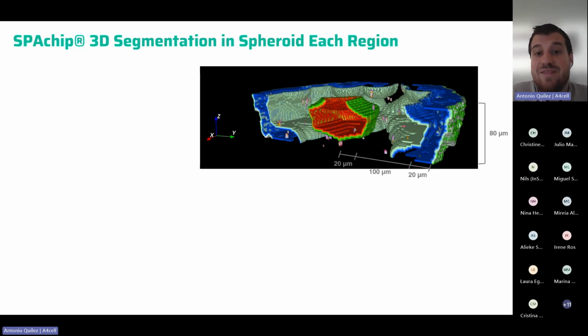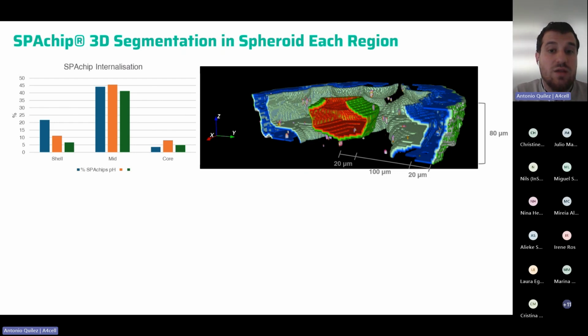We are imaging 80 microns of our spheroids, but we can assume and estimate the diameter that I showed you before to be between 200 and 500 microns, and define these different regions, the outer shell, the middle part, and the core of the spheroid, and calculate out of the total number of SpheroCHECKs inside our sample, whether they are more present in the outer shell, in the middle zone, or in the core.